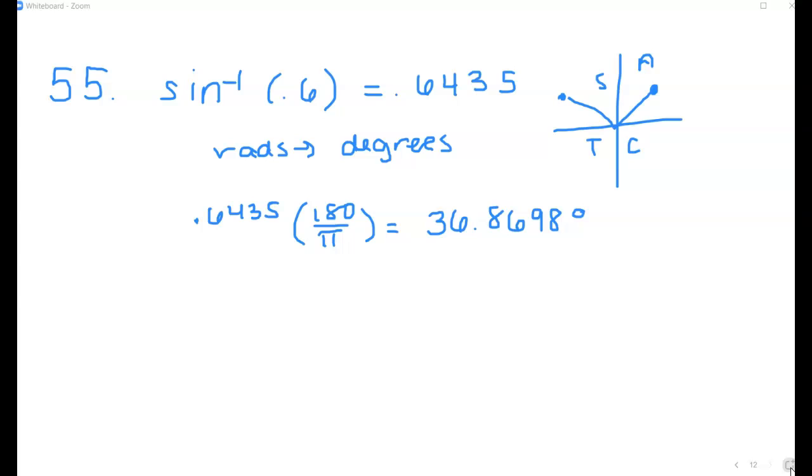So this is like 0 plus. So to go this way, you have to do pi minus. And we get 2.498.